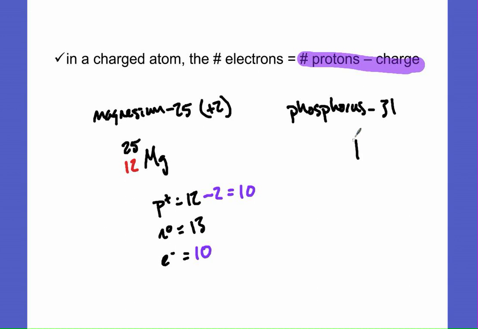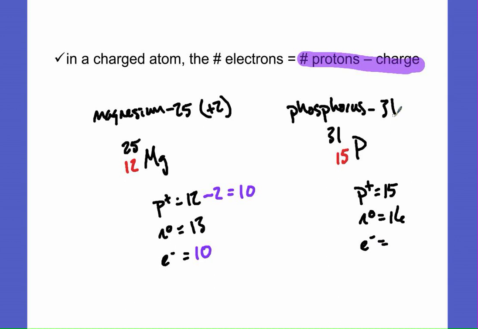Right, so I need all the same things as always. Phosphorus happens to be a number 15 on my periodic table. Again, the 15 just tells you how many protons there are, so I already know that. Neutrons, I subtract my protons from my mass, and that's going to give me a 16 in this case.